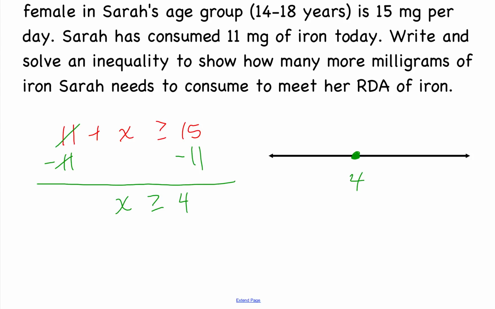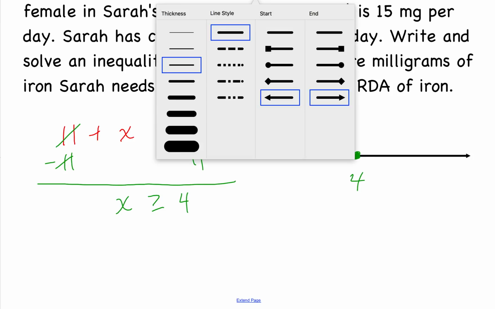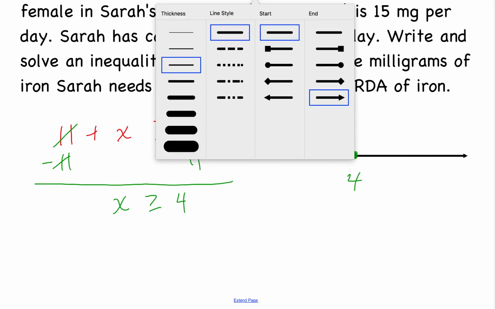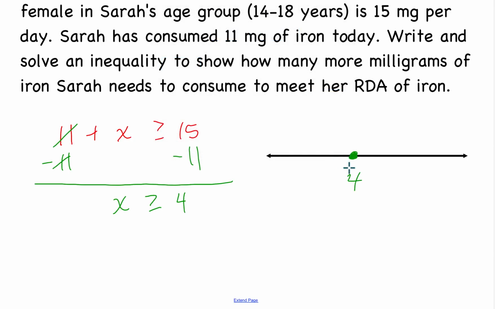And then we also need to have all of the values that are greater than 4. I'll go ahead and make that green. So anything greater than 4 is going to go off to the right. Okay, so that's what your answer would look like for that one.